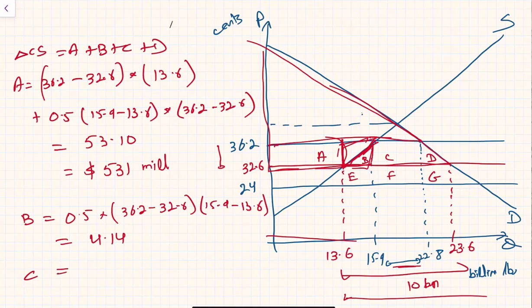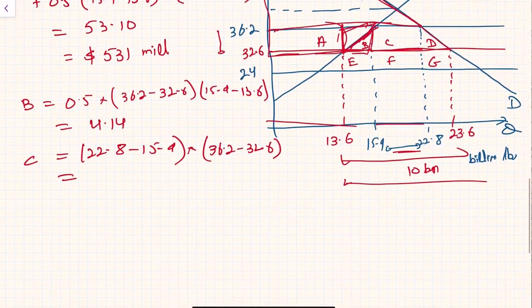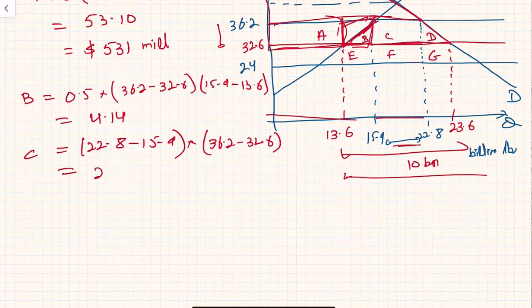We can look at C as the rectangle, and C is also given as 22.8 minus 15.9. And again, this gap is 6.9 times the price differences, which is 36.2 minus 32.6. And this area is equal to 24.84.